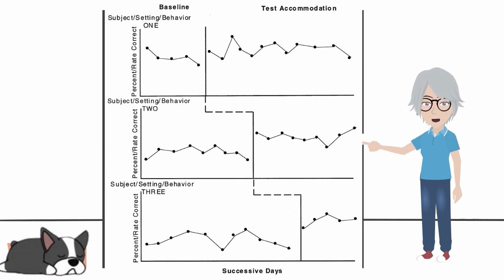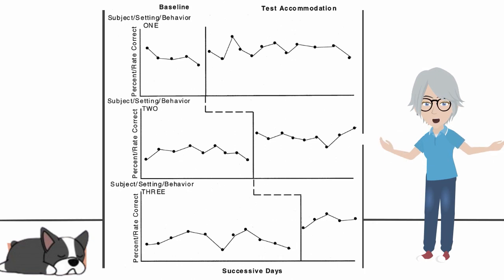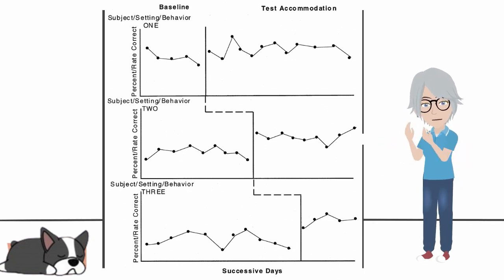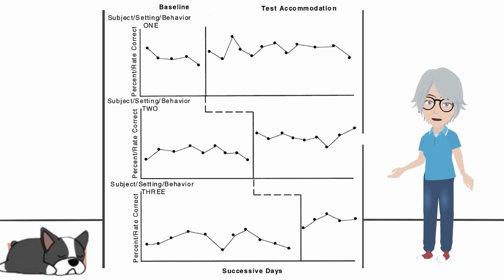So if we have a student who is learning some safety behavior where it's not ethical to withdraw the behavior, we can use this across settings to demonstrate that functional relation. We can also use it when there are multiple behaviors, multiple settings, or multiple individuals who need this one intervention. And it can be used when the effects of the independent variable cannot be withdrawn or reversed.